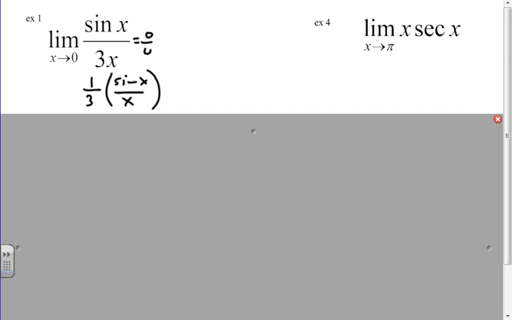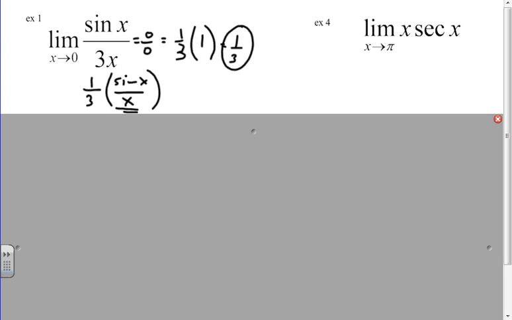But using what we know about sine of x over x from our previous example, though it is a hole and undefined for the actual value, the limit does approach 1 for this function, and therefore our answer is going to be 1/3.